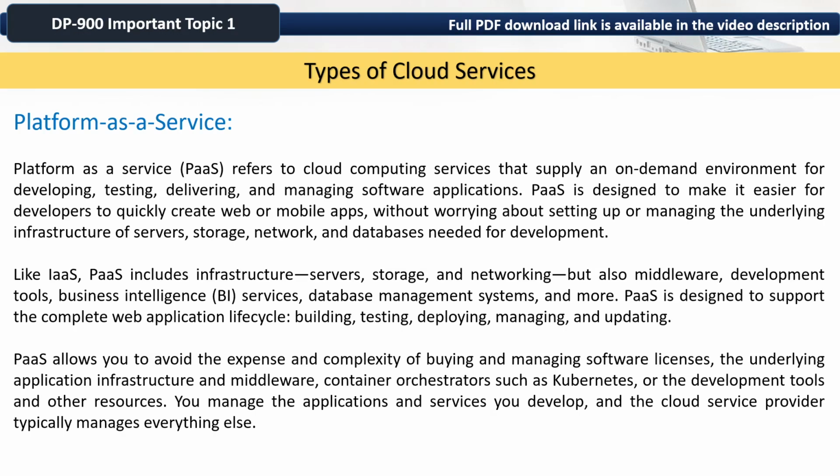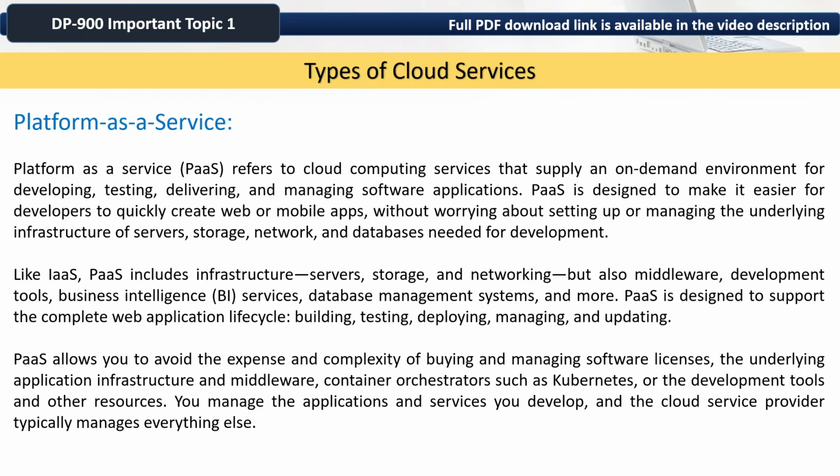Like IaaS, PaaS includes infrastructure but also middleware, development tools, business intelligence services, database management systems, and more. PaaS is designed to support the complete web application lifecycle, that is, building, testing, deploying, managing, and updating.